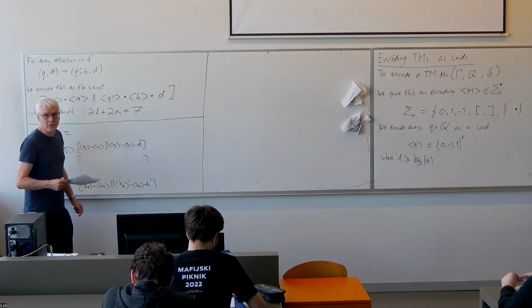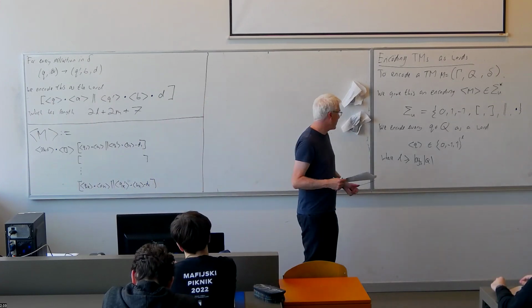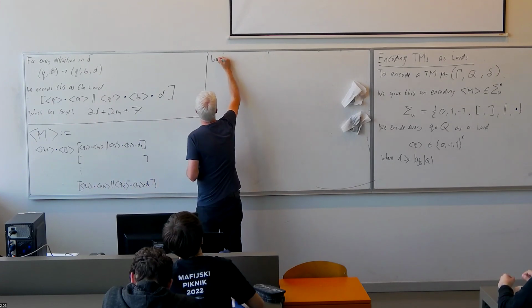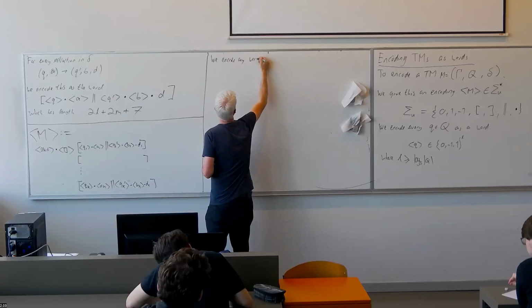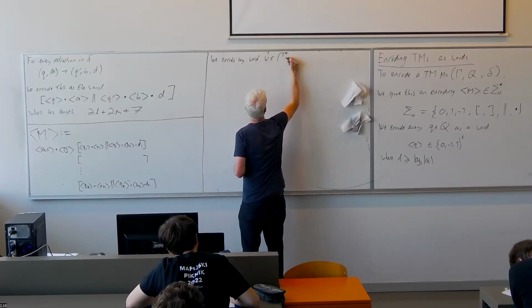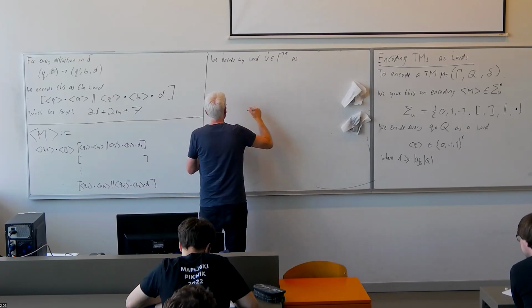One other thing we need to do is encode words over the tape alphabet of the Turing machine. So we encode any word W over the tape alphabet of the Turing machine as, well, simply this.